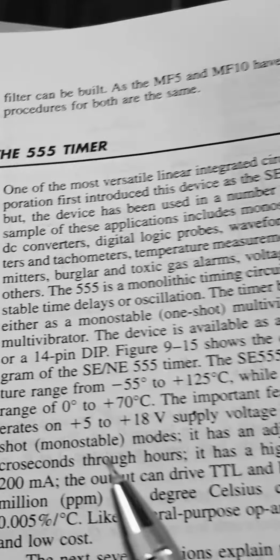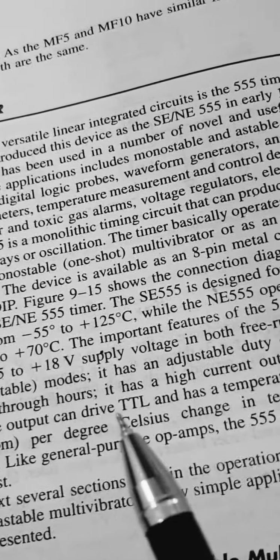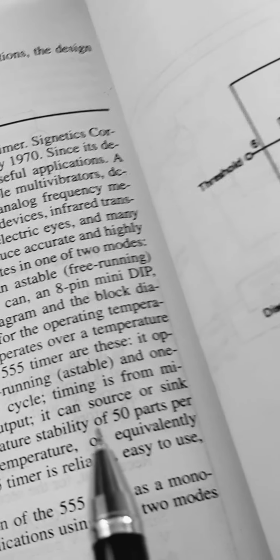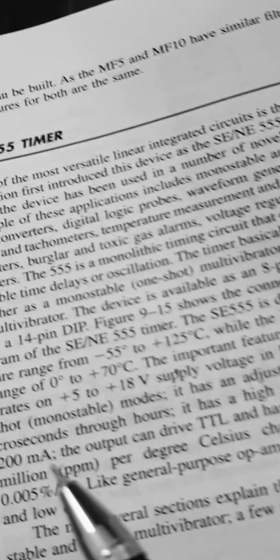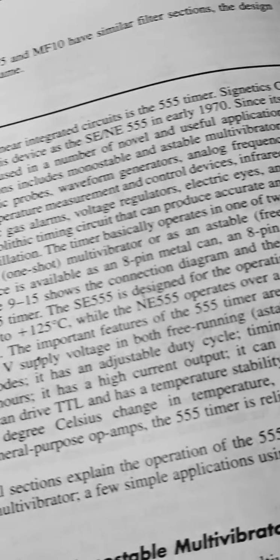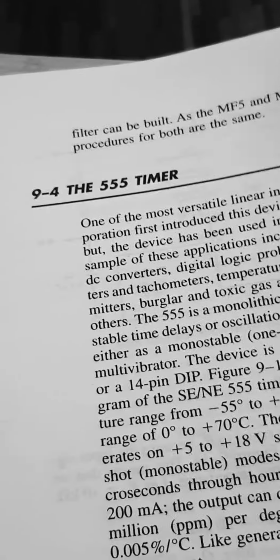It has a high current output. It can source or sink 200 milliamps. Output can drive TTL and has a temperature stability of 50 parts per million (ppm) per degree Celsius change in temperature. 555 timer is reliable, easy to use, and low cost.